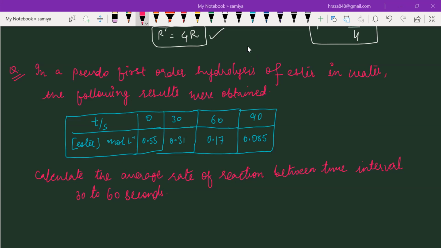We have 4.6 times 10 raised to the power minus 3, right? It's the right answer, and you see, it's very easy. We need to calculate the rate of reaction, averaged between 30 to 60 seconds.